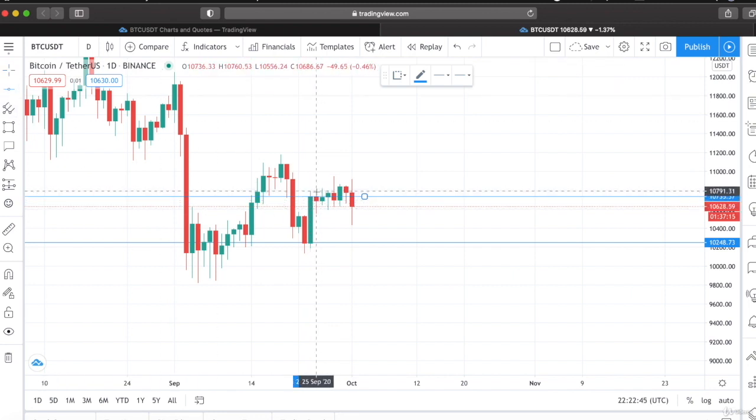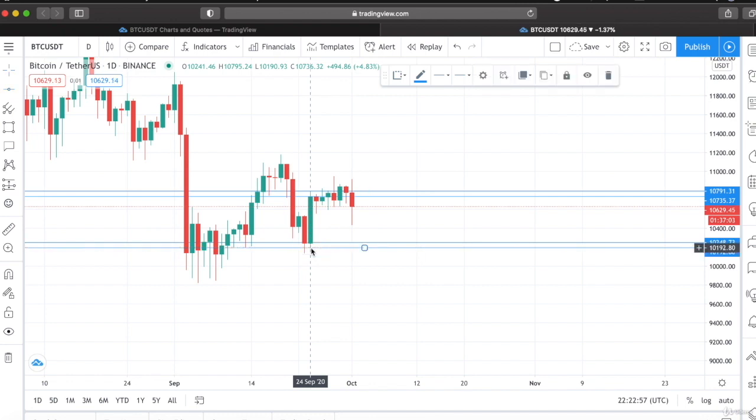And this wick was the highest, which is at around $10,791. And the lowest price on this day was at $10,192. This is the bullish candlestick. As you can see, on this specific day the price opened here and closed at this point.